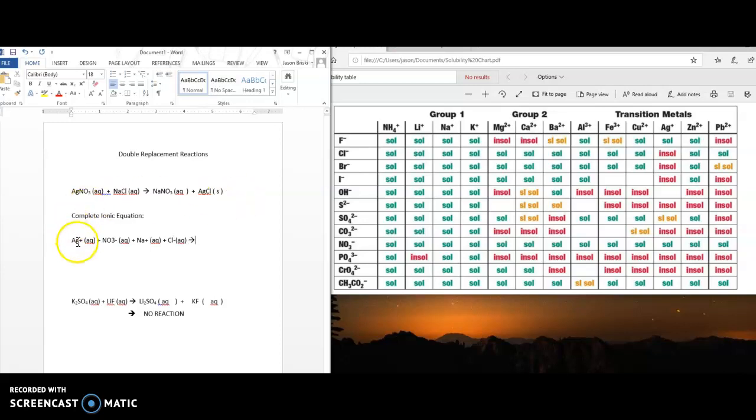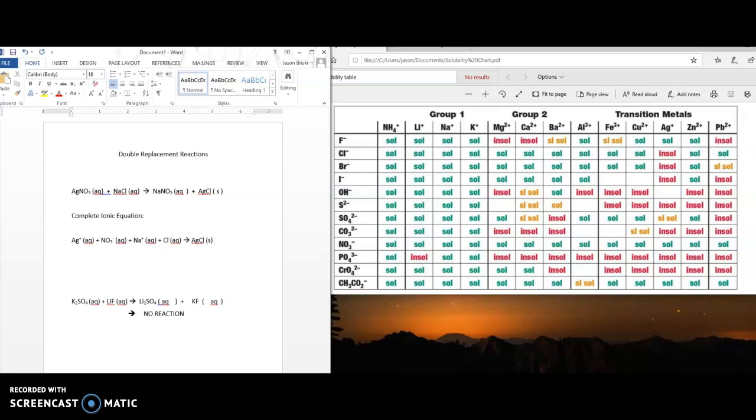And let's just take a moment to fix the formatting. Obviously these are all charges, so they need to be superscript, and the number of atoms should be subscript. And these react to make AgCl, which is solid. We do not dissociate that because it is a solid. If it dissociated, it would dissolve in the water.